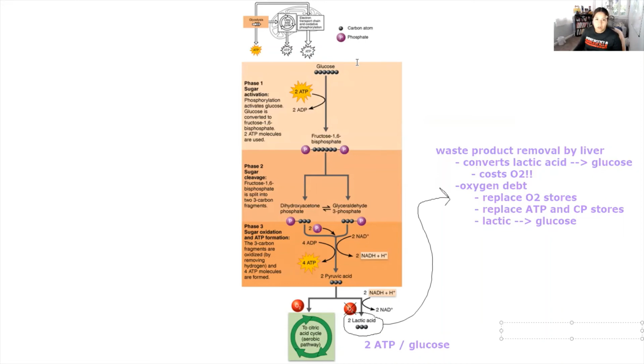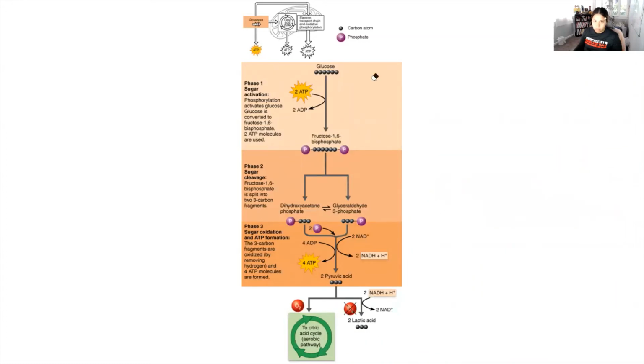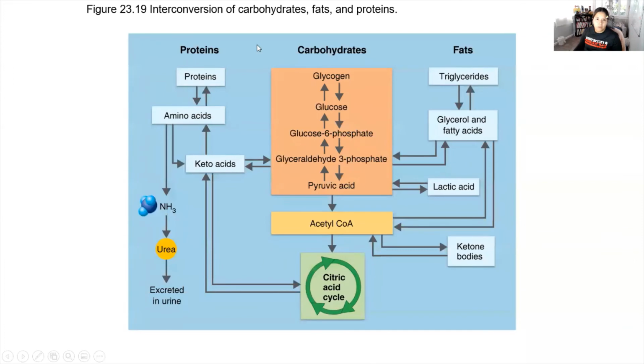Okay, so you should know how we use glucose for storage next. You're already familiar with how we use glucose, at least short term. Short term, we are going to be converting any excess glucose into glycogen.